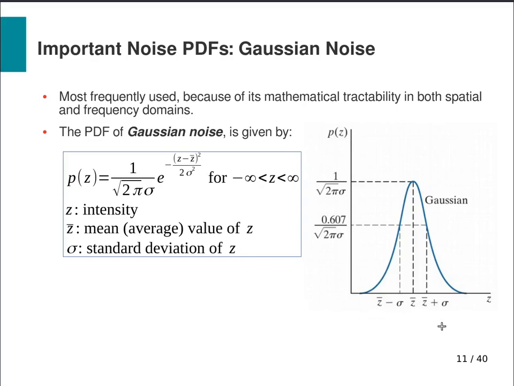A graphical representation of the Gaussian PDF is on the right. You have seen this before; it's a bell curve. One thing you should note is that the functions we describe here are mainly continuous. In the discrete domain, you take samples of these continuous functions.